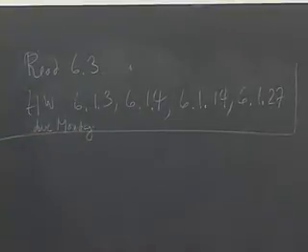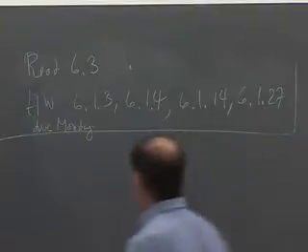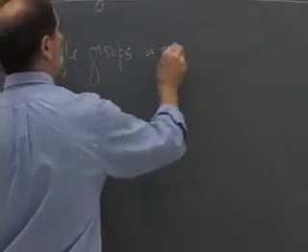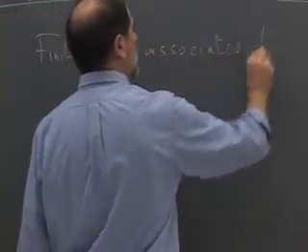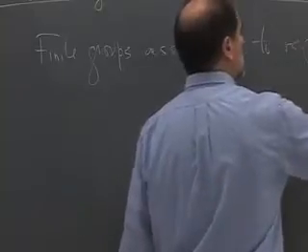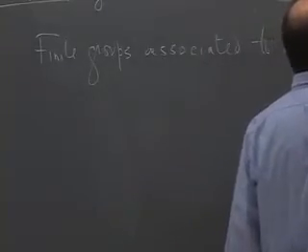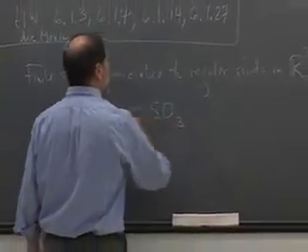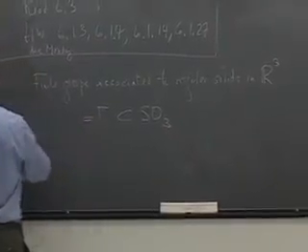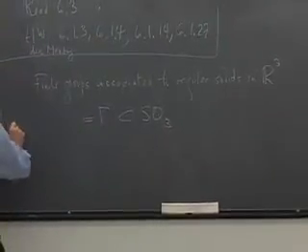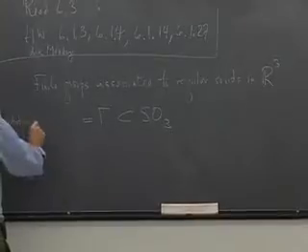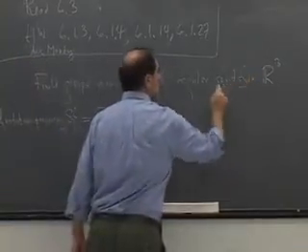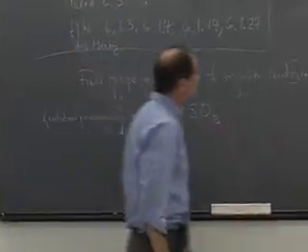So let's go back to the regular solids. So we have the finite groups associated to the regular solids in R3. And the group gamma is going to be a subgroup of SO3, the rotations preserving the solid S, the regular solid S. So there are 5 regular solids.